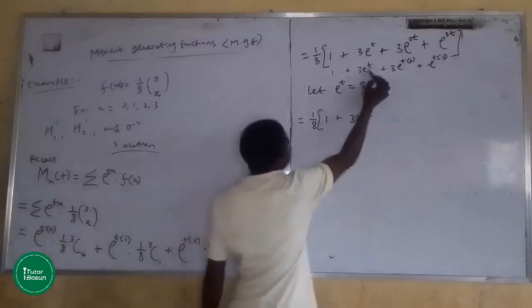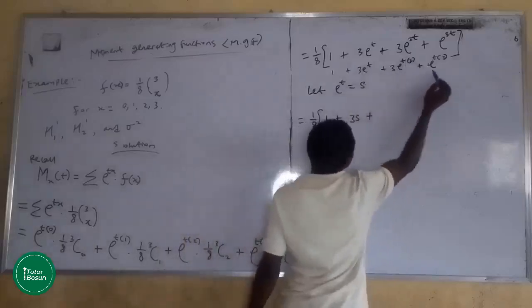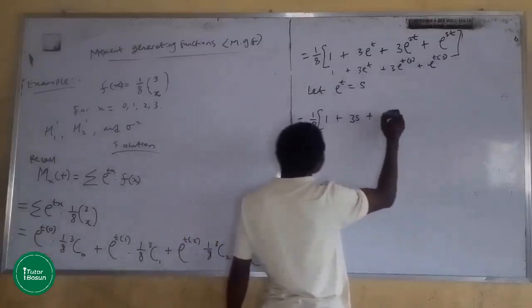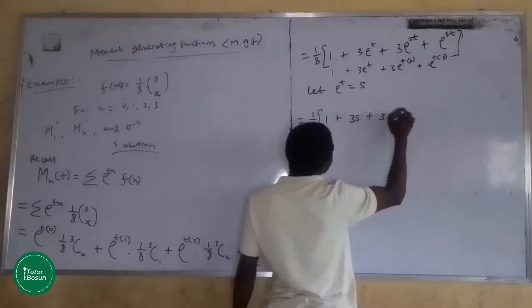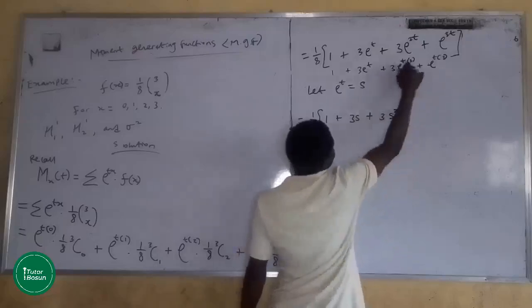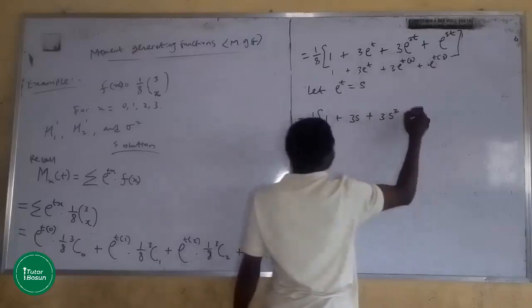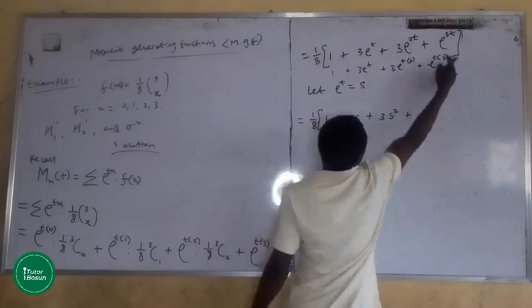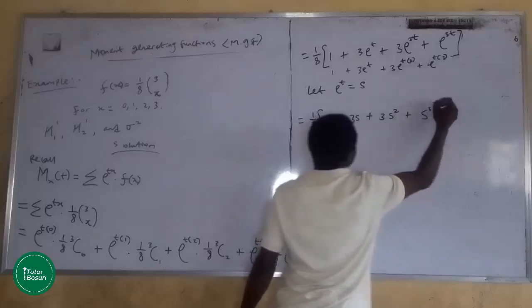So automatically exponential t is s, exponential t is s, exponential t is s. Automatically this is going to be 3s squared plus s cubed.